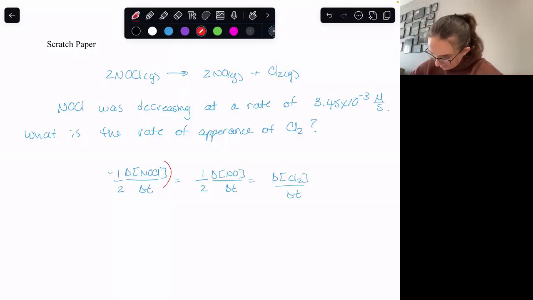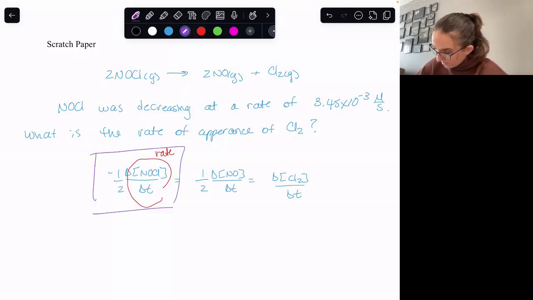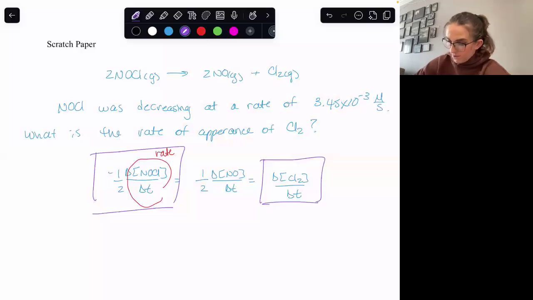And this portion here is your rate. So what we're looking at is taking the rate of this and making it equal to the rate of this. So if NOCl is decreasing at that certain rate, based off of our coefficients, should Cl2 be appearing or disappearing faster or slower? Should Cl2 be appearing faster or slower than NOCl is disappearing?